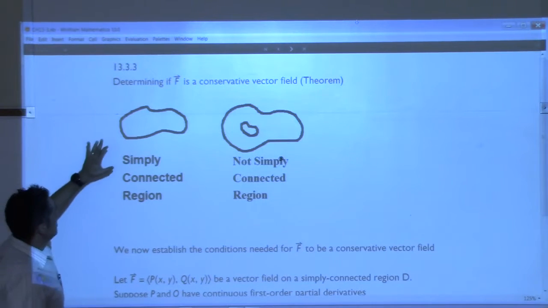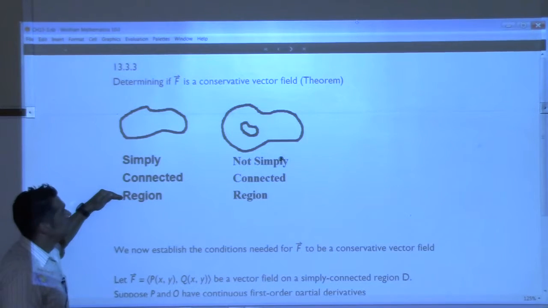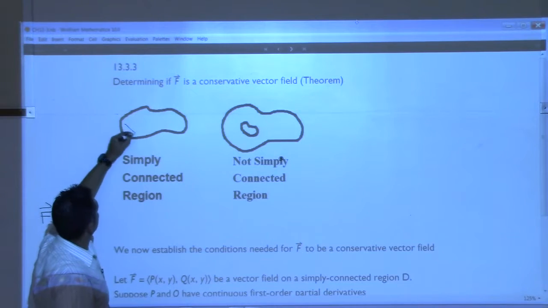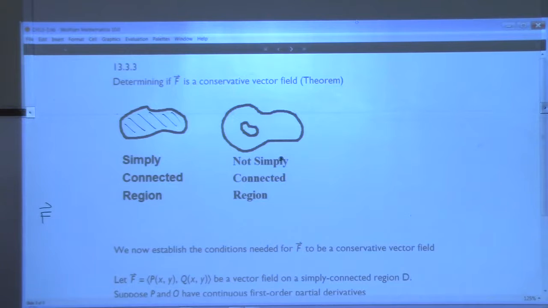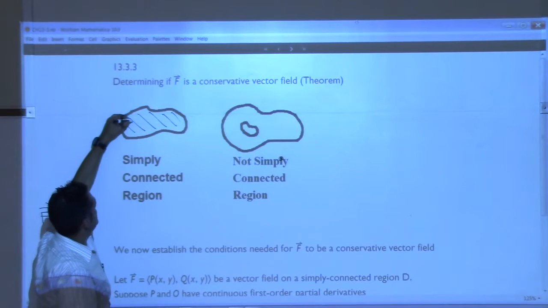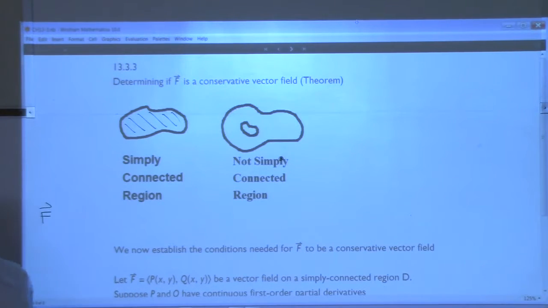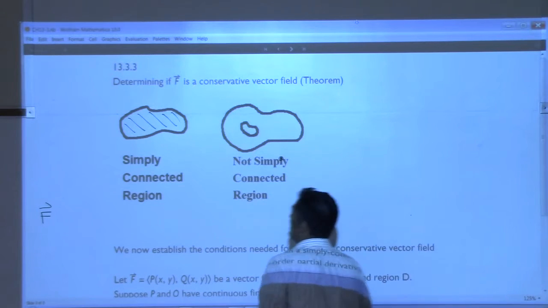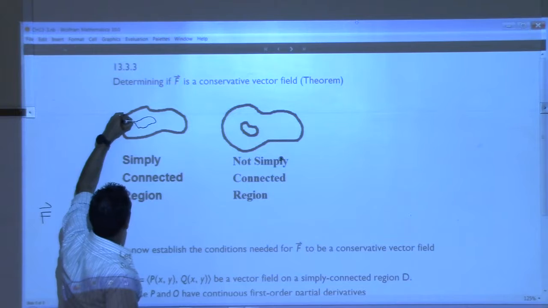established here. This right here is what we call a simply connected region. Do you agree that, does that look simple to you? Without getting into too much of the topology of this, the idea of a simply connected region is that if you pick any little path in here, imagine this is like some sort of rubber band, some closed path.